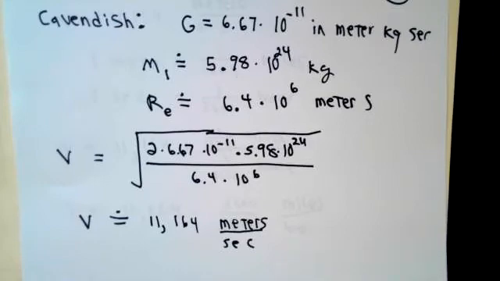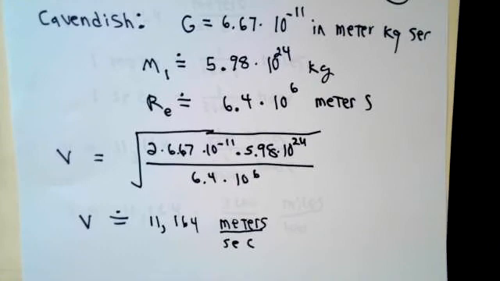Cavendish did an experiment hundreds of years ago where he determined that in modern units, in meter kilogram second units, this universal constant G is 6.67 times 10 to the negative 11 power. The mass of the Earth is about 5.98 times 10 to the 24th kilograms. The radius of the Earth is about 6.4 million meters.